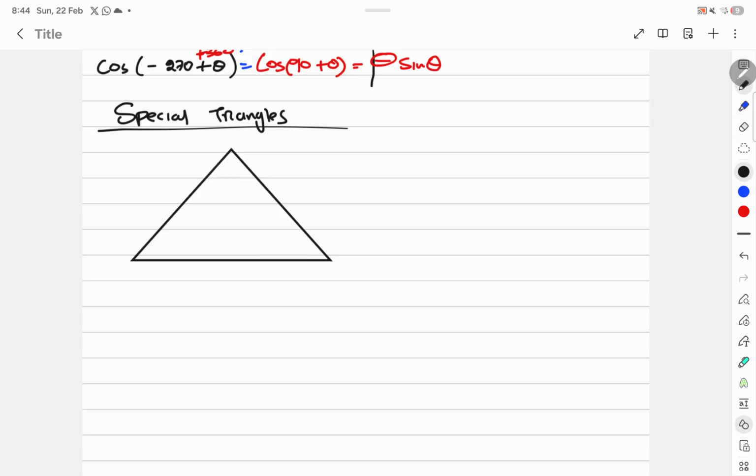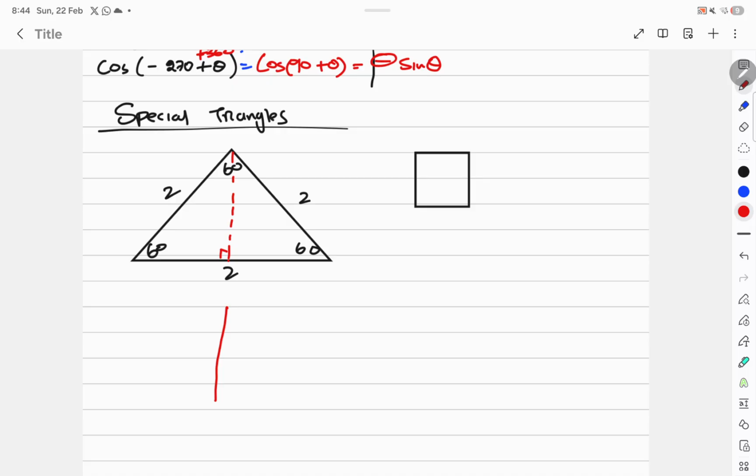Remember, it comes from an equilateral, and then the other one comes from a square. All right, perfect. And this is 60, 60, 60, then 2, 2, 2. So what we did is we cut this into 2, then we form a 90-degree angle. So this is where the first special triangle is coming from.